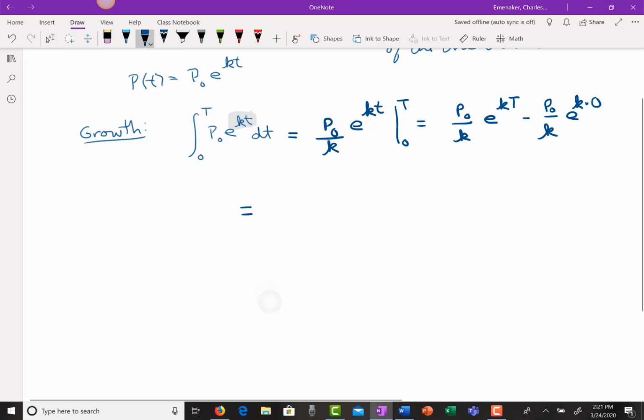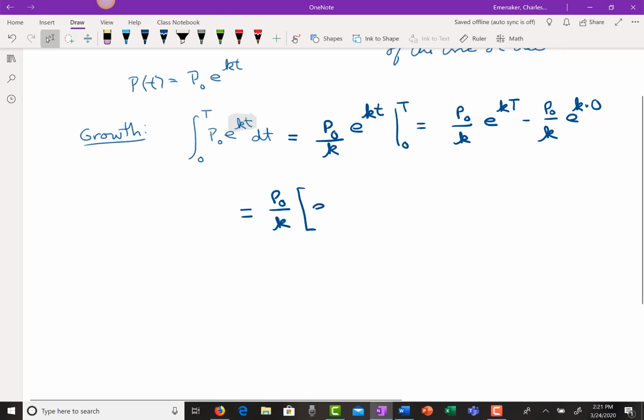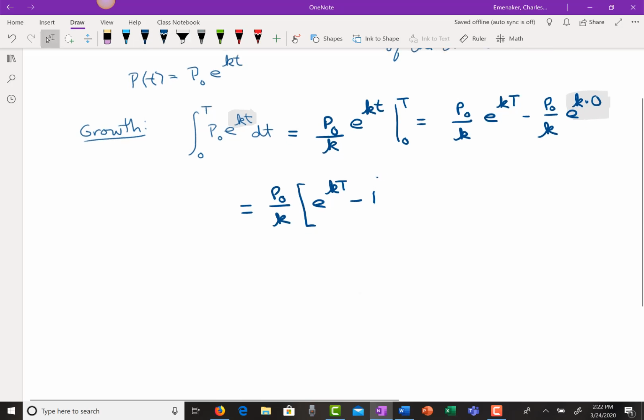We can factor out the P sub 0 over K from each of those two terms, and what we'll be left with is e to the K capital T minus, now in the second term, notice the exponent is 0. And whenever the exponent is a 0, that's the same thing as 1. So, a formula that we're going to be using for growth, okay, is this particular formula here.